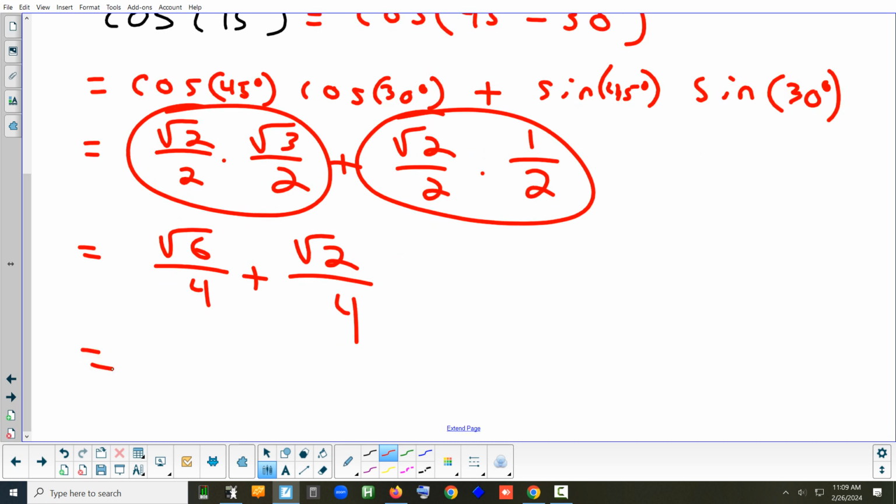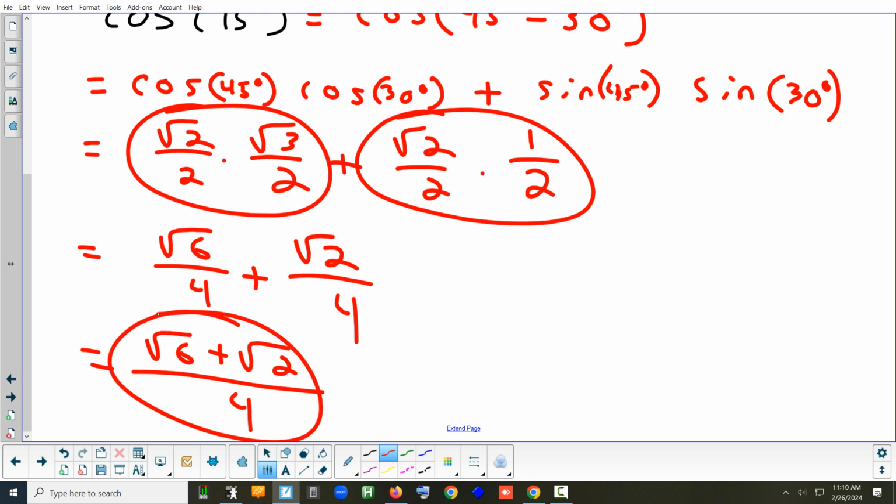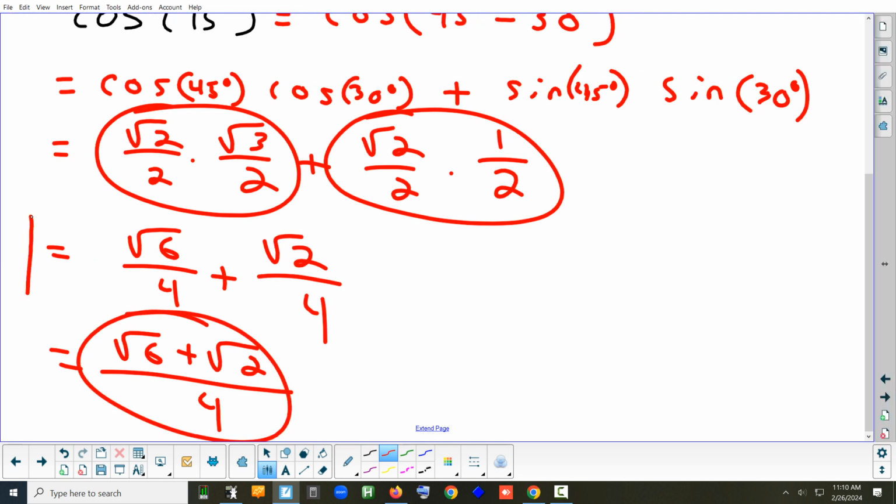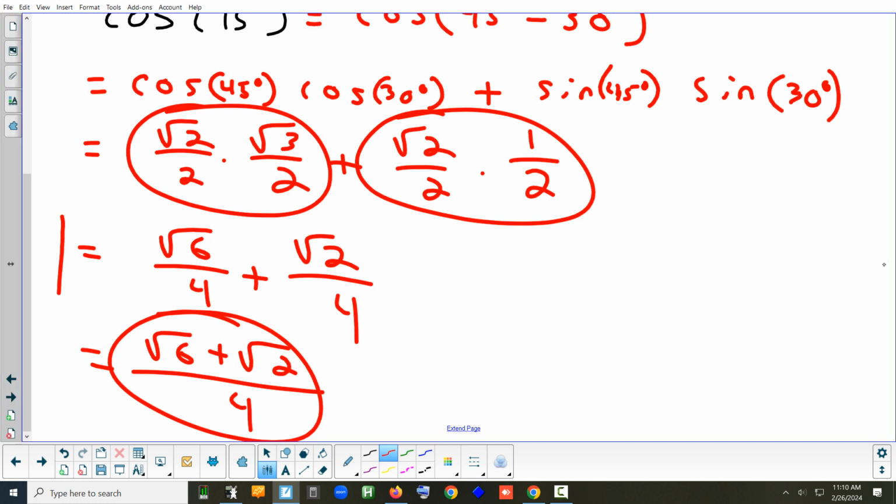And to add those two fractions together, you've got to make sure you have what on the denominator? We already do. So we can just put them together. That is the exact answer for the cosine of 15.